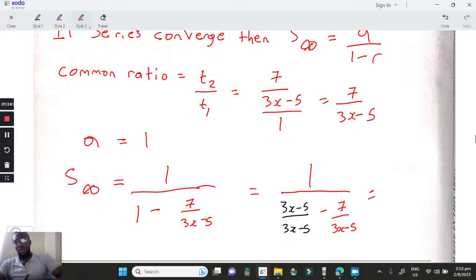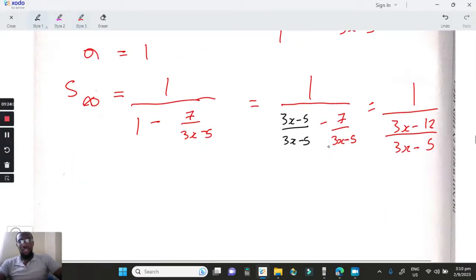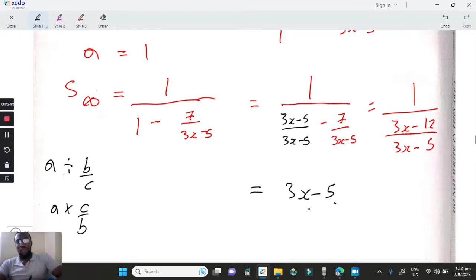This is 1 over minus 12 over 3x minus 5, since 3x minus 5 minus 7 is 3x minus 12. Now when you have something being divided by a fraction, you change it from division to multiplication and then you reciprocate. In this case, it becomes 3x minus 5 over 3x minus 12.